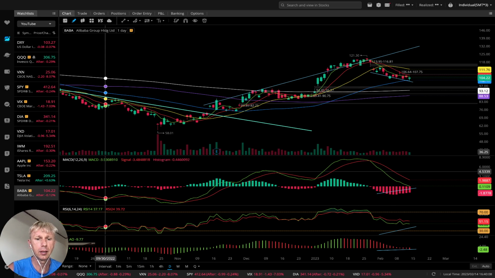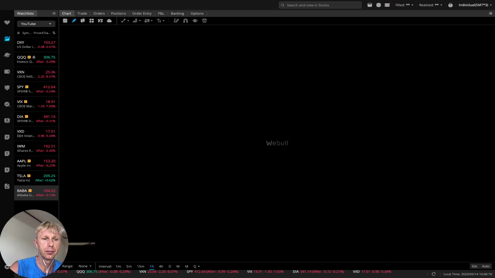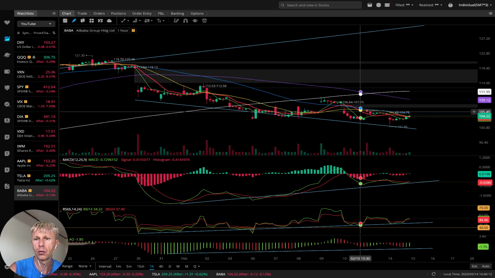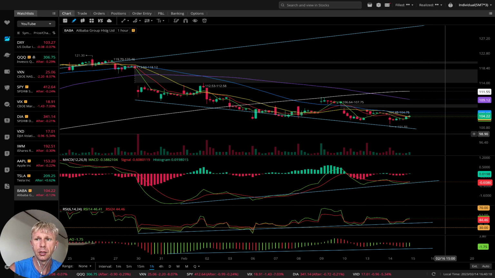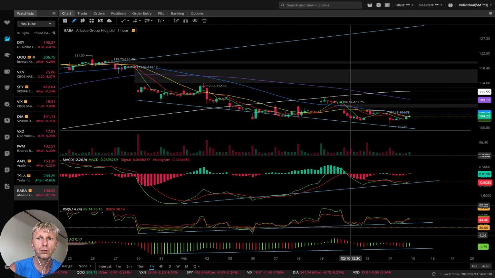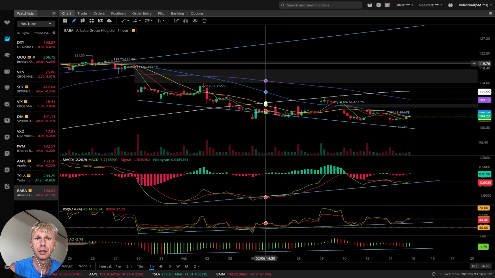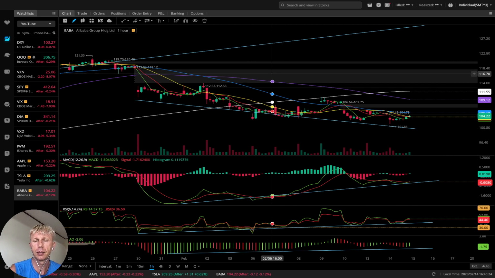On 1 hour, it can have some correction. It can go up, close this gap, maybe touch the 100 and reject from it. Yeah, Baba likes to create gaps. Gaps down, gaps up, like an everyday gap.